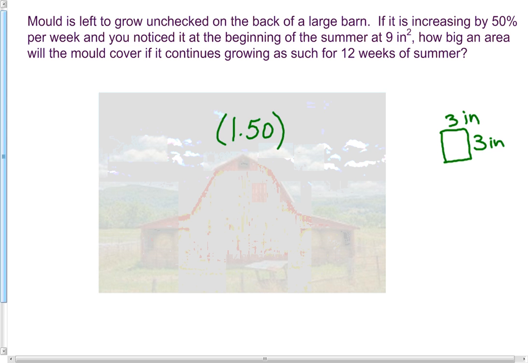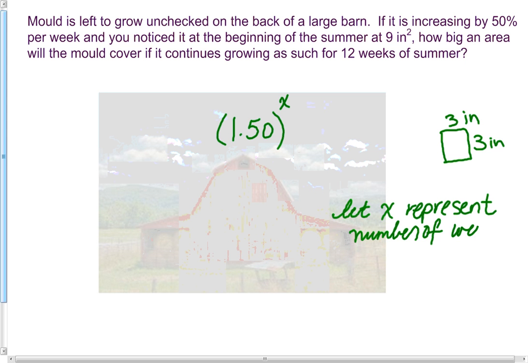My exponent is the number of weeks, since it is increasing by 50% per week. And I have my original amount is 9.